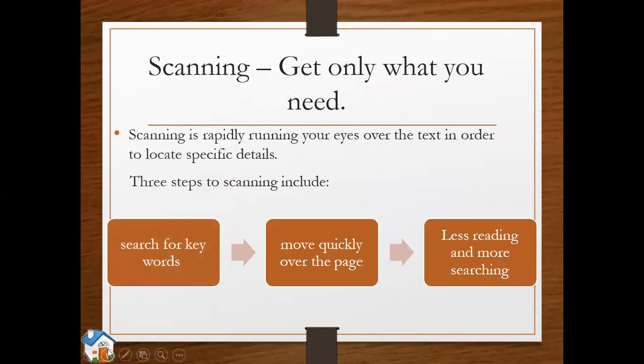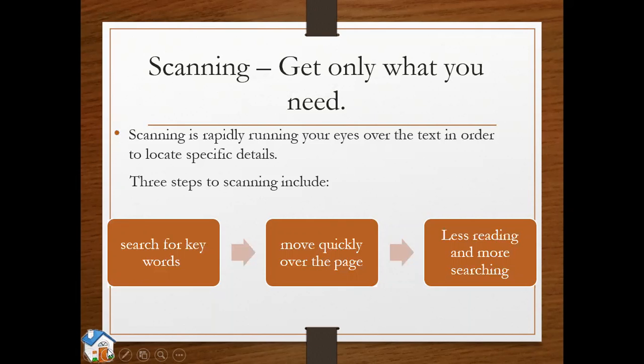Scanning means getting only what you need. Scanning is rapidly running your eyes over the text in order to locate specific details. Maybe you get a passage with a lot of historical information, where years are mentioned and a lot of events that happened, so chronological information is given.